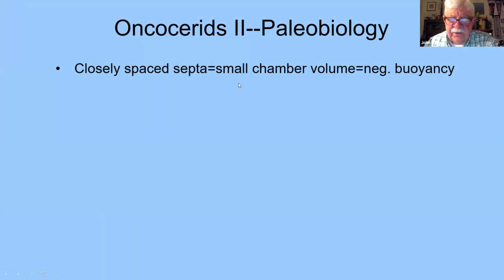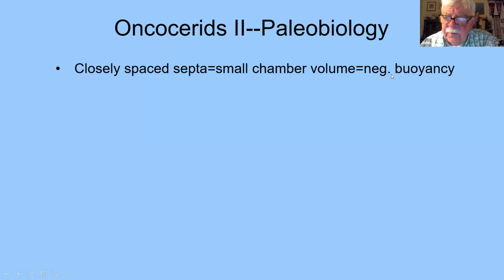Part 2, paleobiology. Now, if you notice the septa on the, I should have showed you that on the 3 fossils. The septa, the chamber partitions are close together, and that means there's small chamber volume. That's going to produce a negative buoyancy.